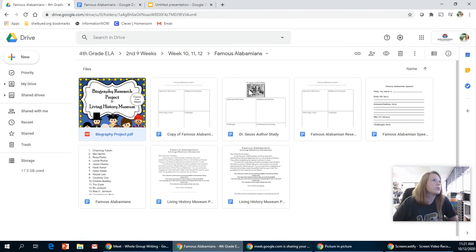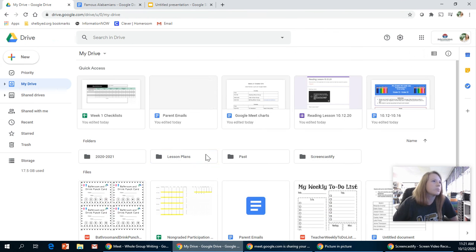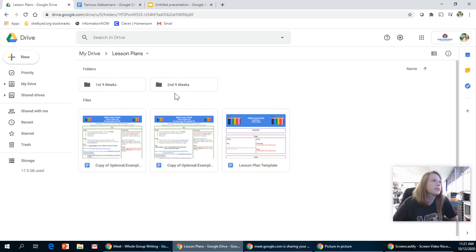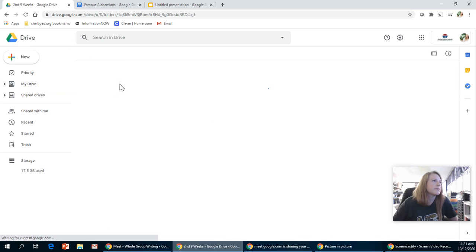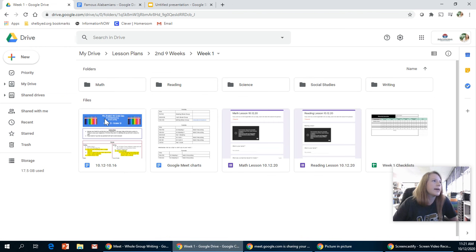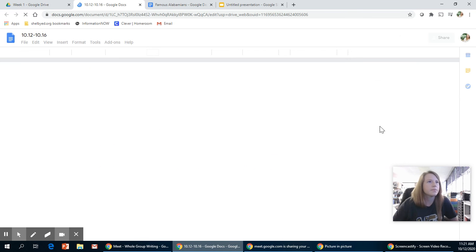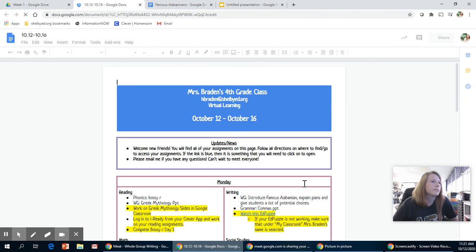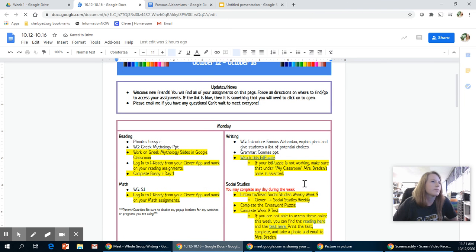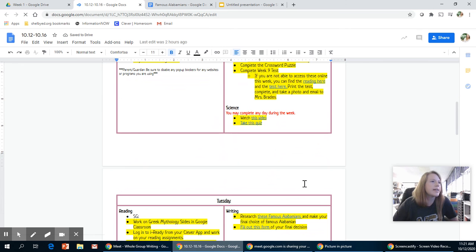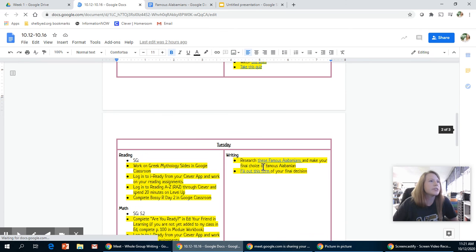Okay, so you are going to go to your template later this week. Under Tuesday, it says, research these famous Alabamians and make your final choice of famous Alabamian.